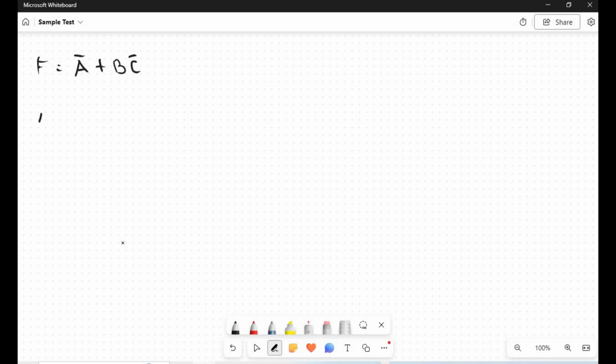So you will assign A as your MSB and eventually C as your LSB. So this would be your most significant bit and this would be your least significant bit.